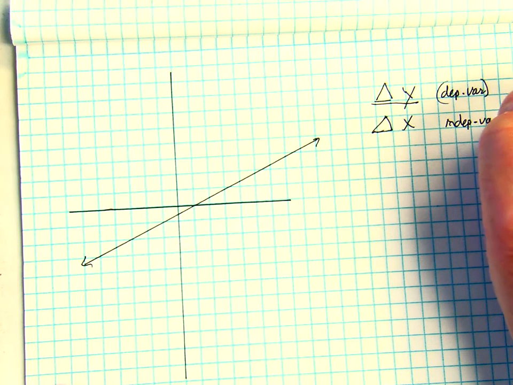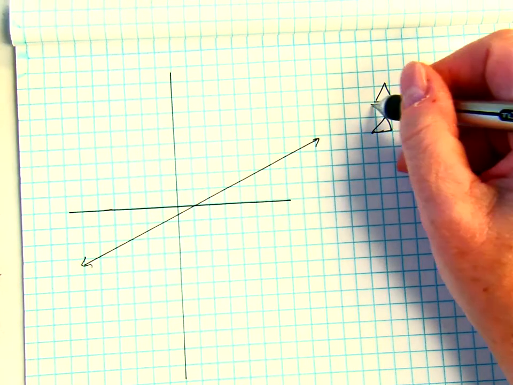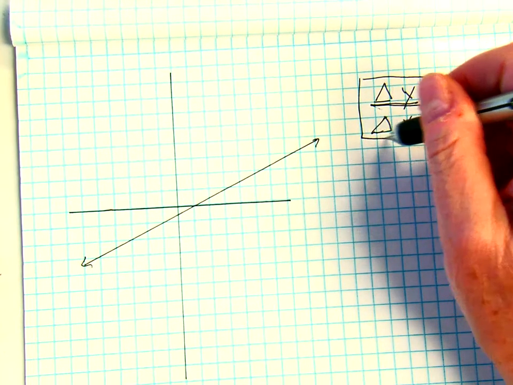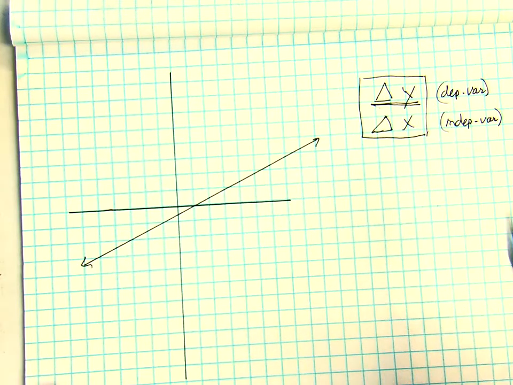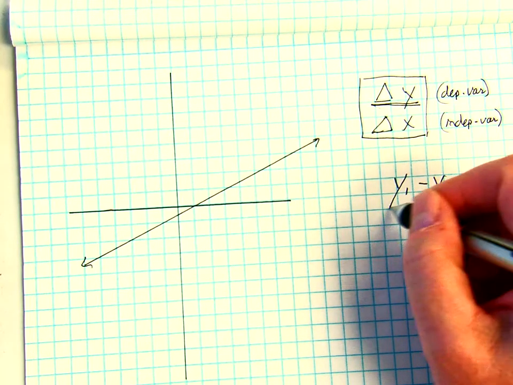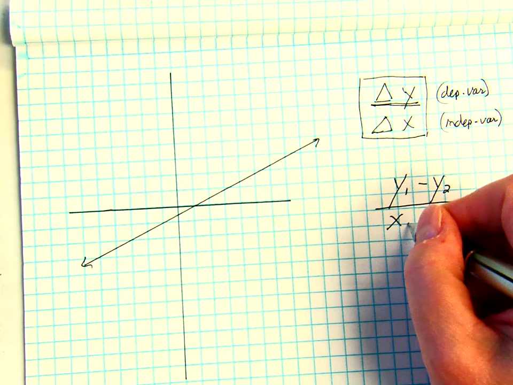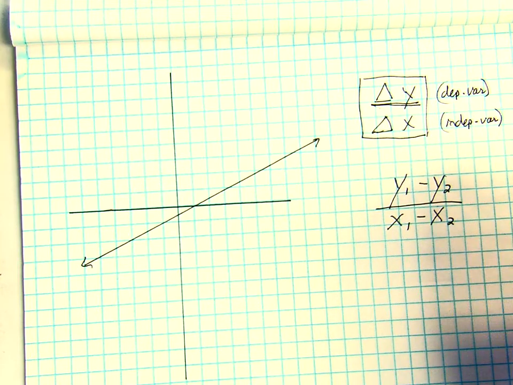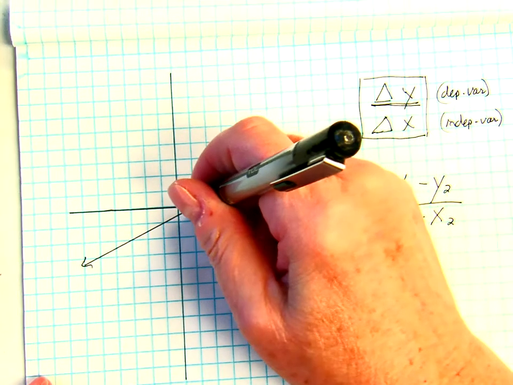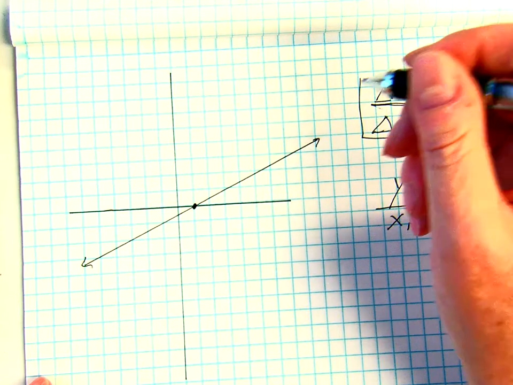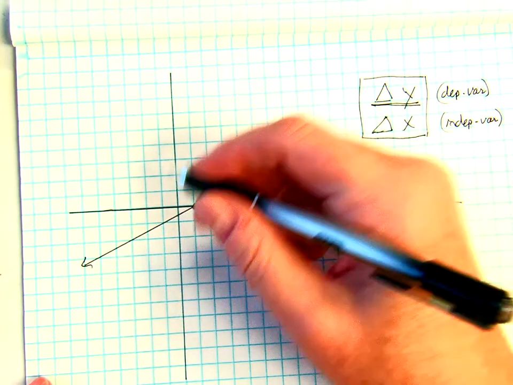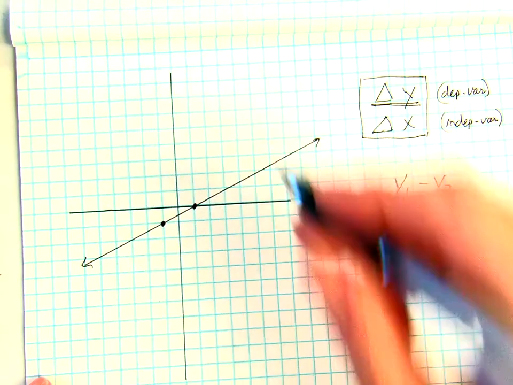We're going to continue with that idea of the change in our y over the change in our x. So we're going to look at y1 minus y2 over x1 minus x2. Okay, so in this case, we're going to pick a couple of points. I pick this one and, let me see, I really came off of it a little bit, but this one is also very clearly on there.